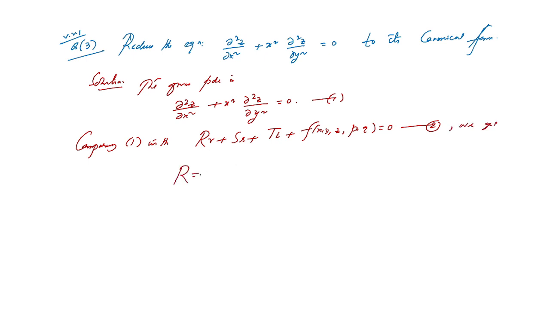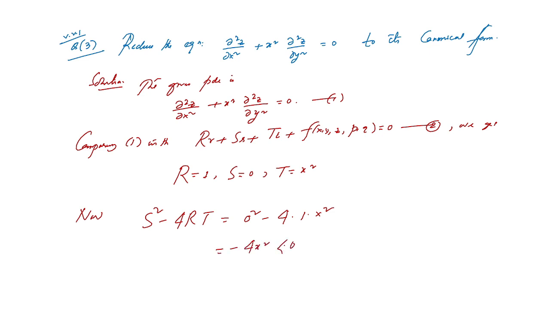What will be our R? R will be 1, S is 0, the coefficient of del 2z by del x del y, and T, the coefficient of del 2z by del y squared, is x squared. Now we calculate the discriminant S squared minus 4RT: 0 squared minus 4 x squared, that means minus 4x squared, so less than 0. That implies equation 1 is of elliptic type.